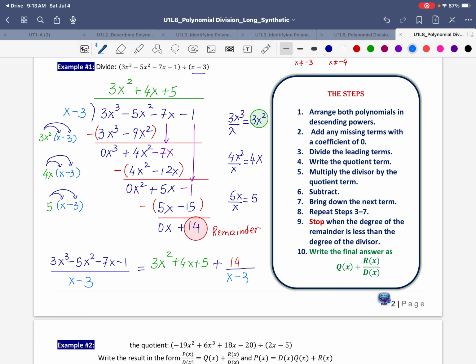And this is the final, or the division statement for this particular division.